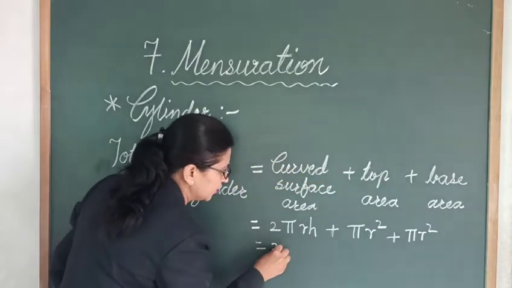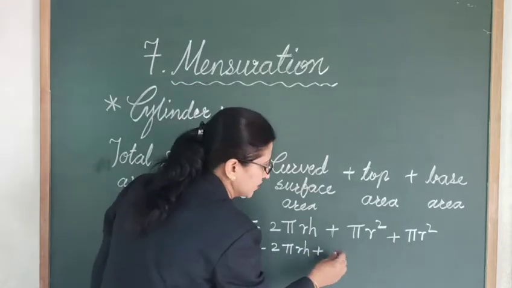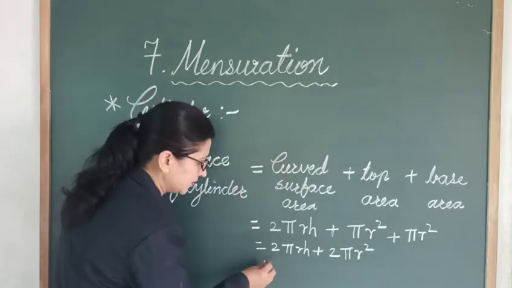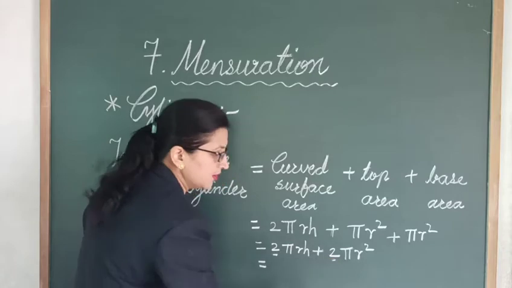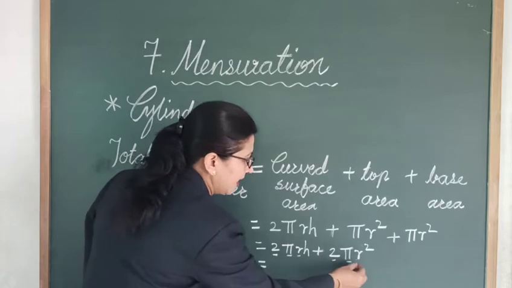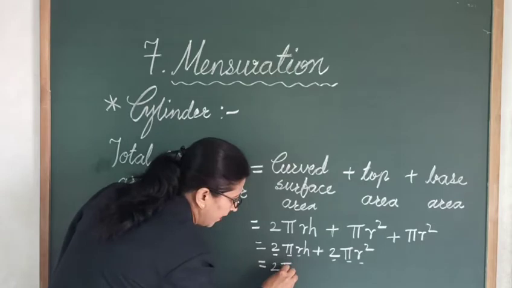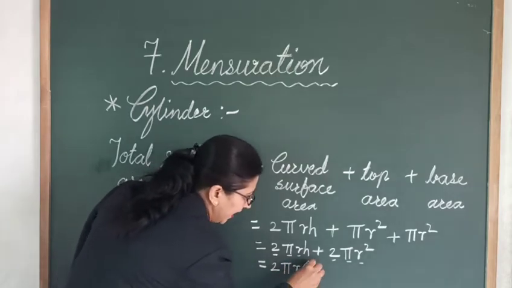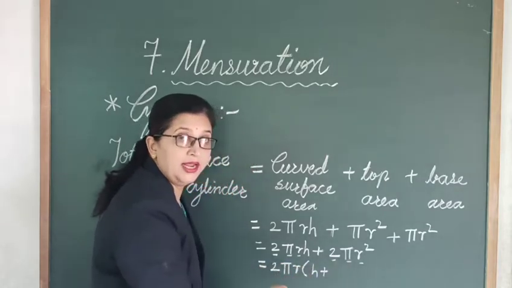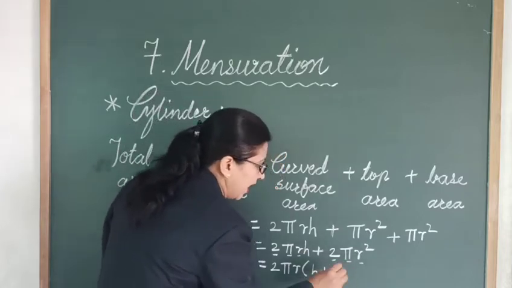Now here 2 pi r h plus pi r square plus pi r square, that is 2 pi r square. Now here students, you can see both these terms have 2, pi and r in common. So let's take out 2 pi r, and in the bracket h plus, since 2 and pi are outside and one of the r from r square is outside, only 1 r remains.